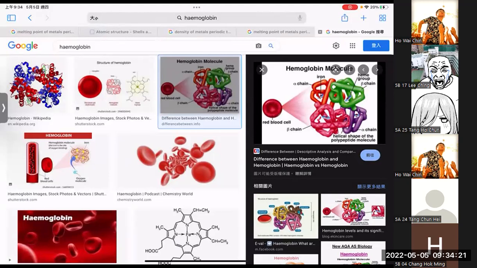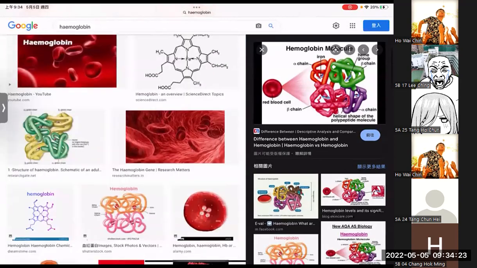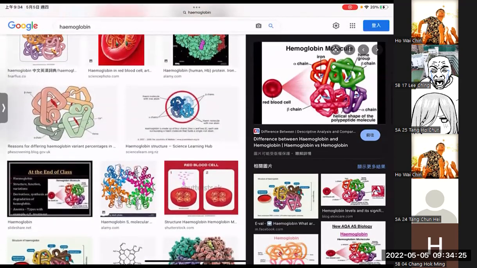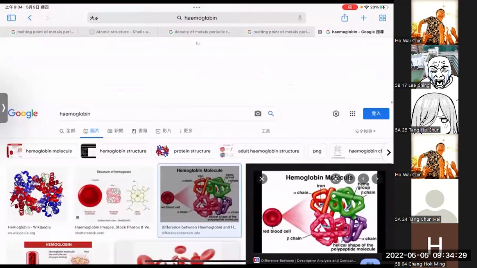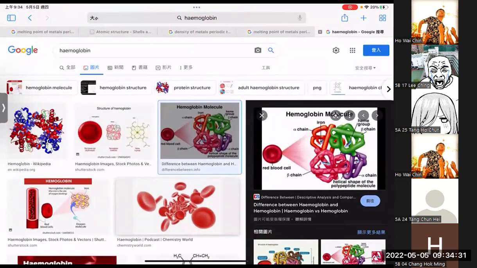You may find this structure commonly in your human body. Without that, you will die, because it is very important in carrying oxygen from the lungs to your body cells. Hemoglobin. Okay, you know it.